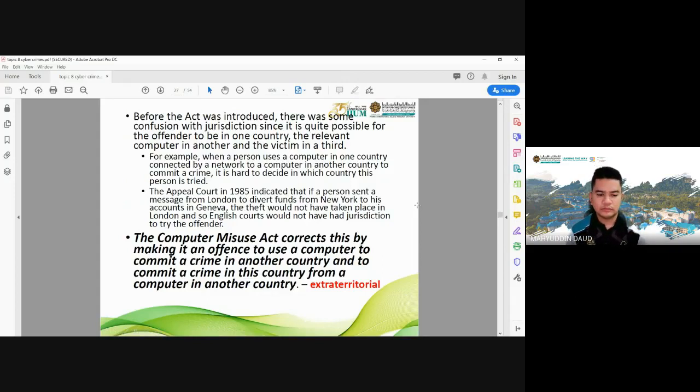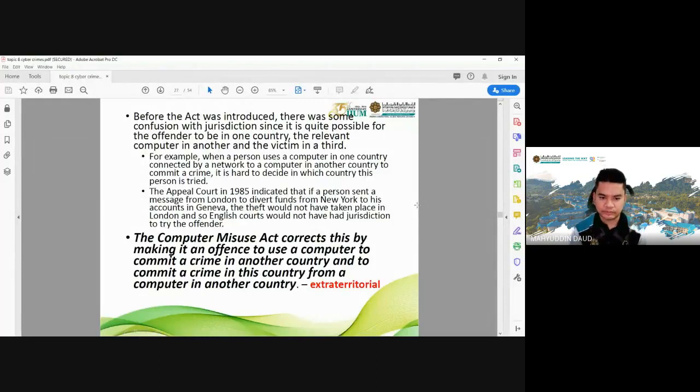Asalnya they thought that it's not possible. How can it be possible to hack a computer when the offender's computer is in country A and the victim computer is in another country? So asalnya they thought that it cannot be done that way.